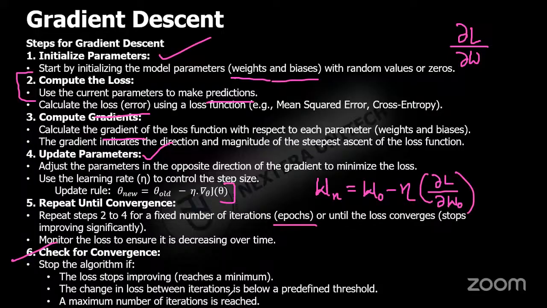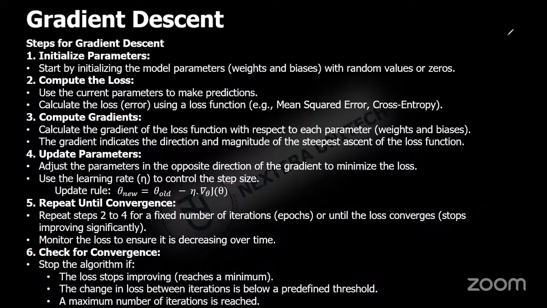If the change in loss between iterations is below a predefined threshold, the model stops. So if the convergence is met, gradient descent stops, guys, and the best parameters, weights and bias values, will be saved.